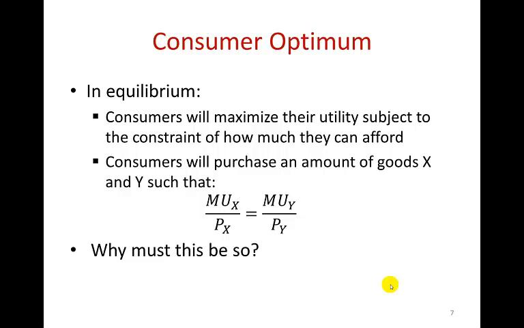So why must this be so? Well, we're going to see that if this is not so, then the consumer could increase their happiness by purchasing a little bit less of one of the goods and a little bit more of the other good. So again, what we're going to get to is that in equilibrium, the bang for the buck for all the goods that consumers are purchasing must be the same.